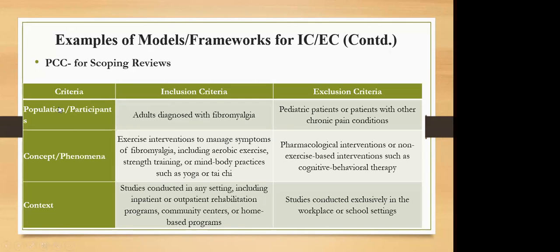Now here, for a scoping review, for the participants or the population, we're interested in adults diagnosed with fibromyalgia. Pediatric patients or patients with other chronic pain conditions are going to be excluded. Like I've taught again and again, when you have your inclusion criteria, some characteristics of your inclusion criteria will form your exclusion criteria. So you remove them. Like I said, this is an example.